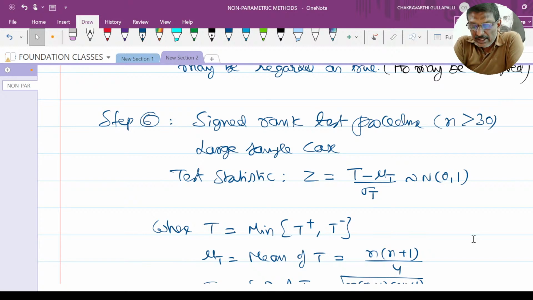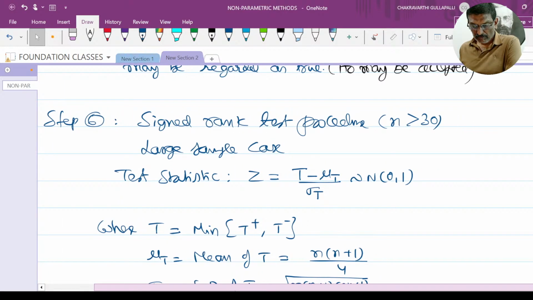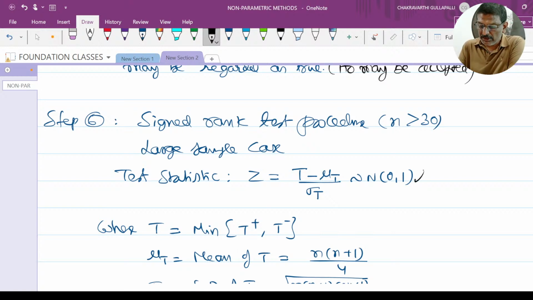Step number 6: signed rank test procedure, n greater than 30. This is the large sample case. The test statistic Z is given here. Z is equal to T minus the mean of T divided by the standard deviation of T, which follows N(0,1), the standard normal variate. Capital T is the minimum of T plus and T minus, already calculated in step number 4.